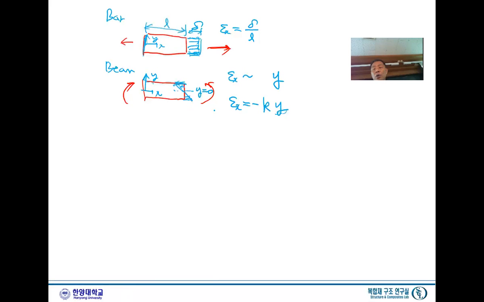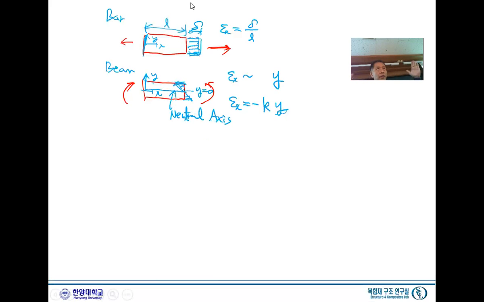There we have no strain, zero strain. That means this line does not extend, does not contract. There should be such a position somewhere, and this is called the neutral axis. In the bar, we don't have any neutral axis.